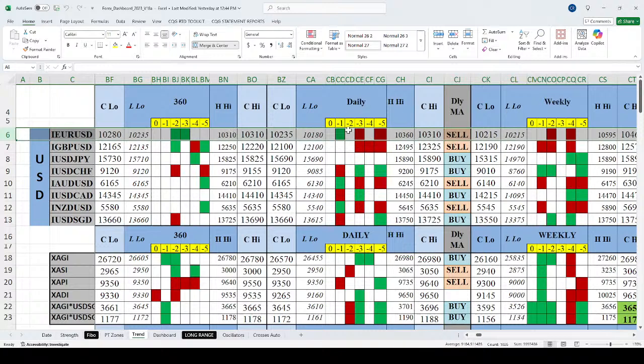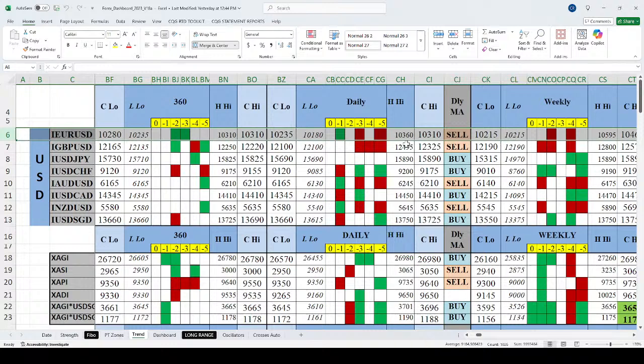Then on the daily, if the 310 breaks, we should see the market turning down before 360.